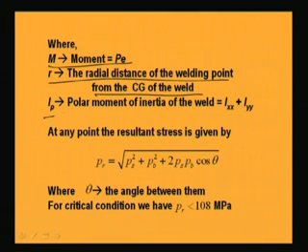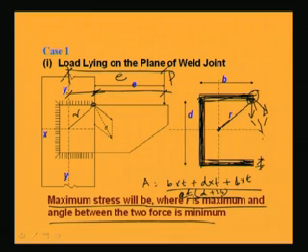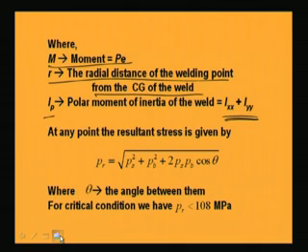Now, Ip is the polar moment of inertia, which we can calculate as Ixx plus Iyy. So again we have to know Ixx and Iyy of the welding area, Ixx from this and Iyy from this end. After calculating Ixx and Iyy, we can find the resultant.